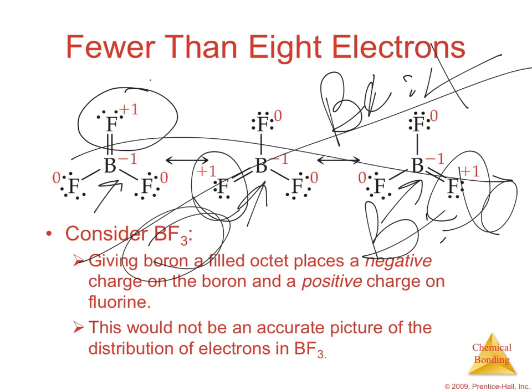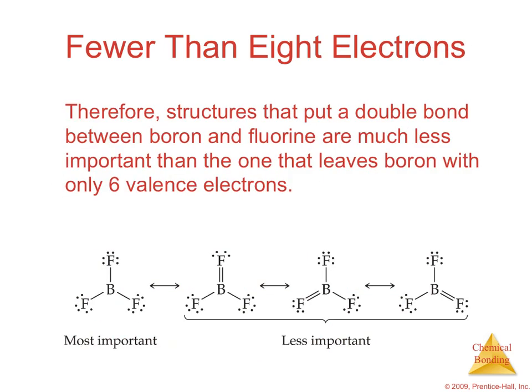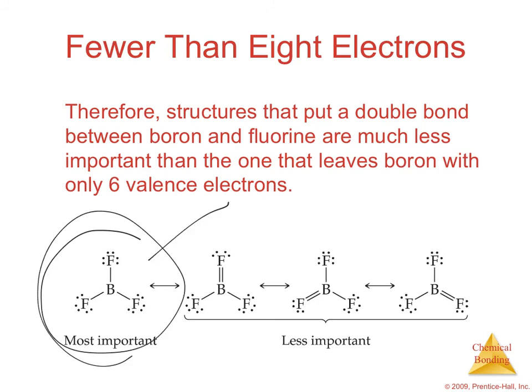No way is it ever going to have a positive charge. So immediately scientists knew that wasn't happening, and they soon discovered that boron is just as content with 6 valence electrons. So the correct Lewis dot structure for boron trifluoride is right here. You can see the fluorines have an octet, but boron is happy with only 6.